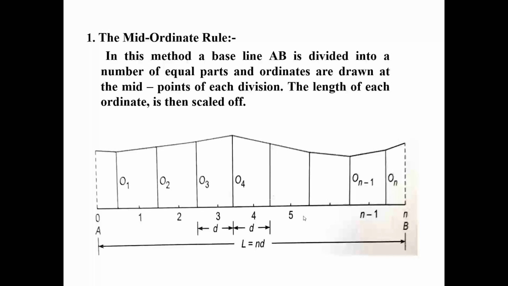With reference to this sketch, A to B is the baseline, divided into 1, 2, 3, 4, 5 up to n divisions, each division equally divided and marked at its midpoint, and from the midpoint the ordinate is drawn.